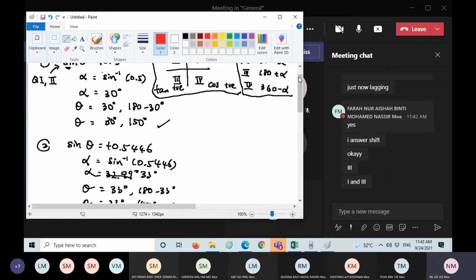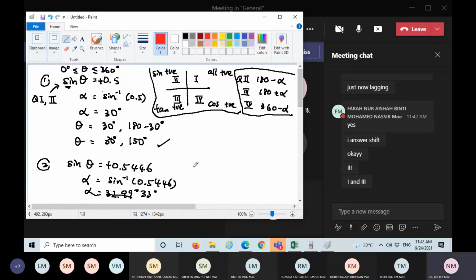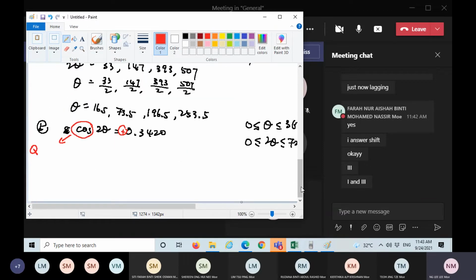Let us check. Go back to this. Cos positive is at 4, Farah. So it's 1 and 4. So I cannot give you marks now. Never mind, you have to try afterwards. It's 1 and 4, the 4th quadrant.